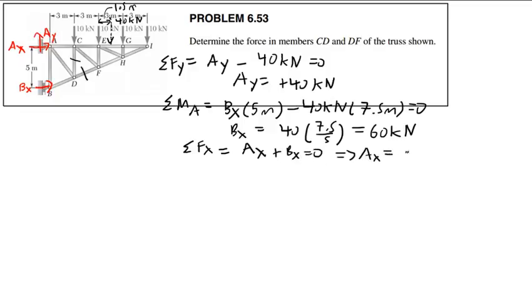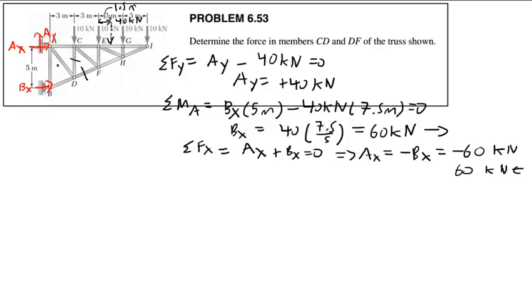AX equals negative BX equals negative 60 kilonewtons, or 60 kilonewtons to the left. Well, this one is 60 kilonewtons to the right. So AX is actually going to be going to the left.